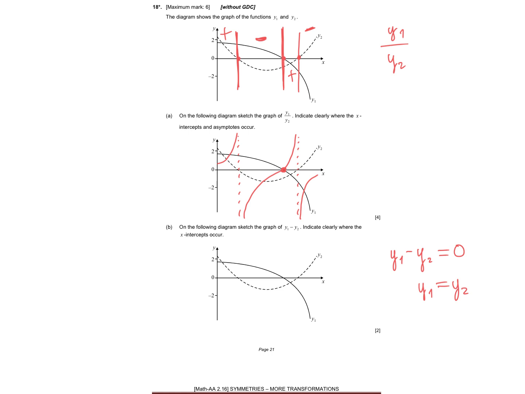So when they intercept, that's going to be an x-intercept. So here and here. So if we want to know when y1 minus y2 is less than 0, less than the x-axis, that's just when y1 is less than y2. So y1, which is the solid line, is less than y2 here before that x-intercept.